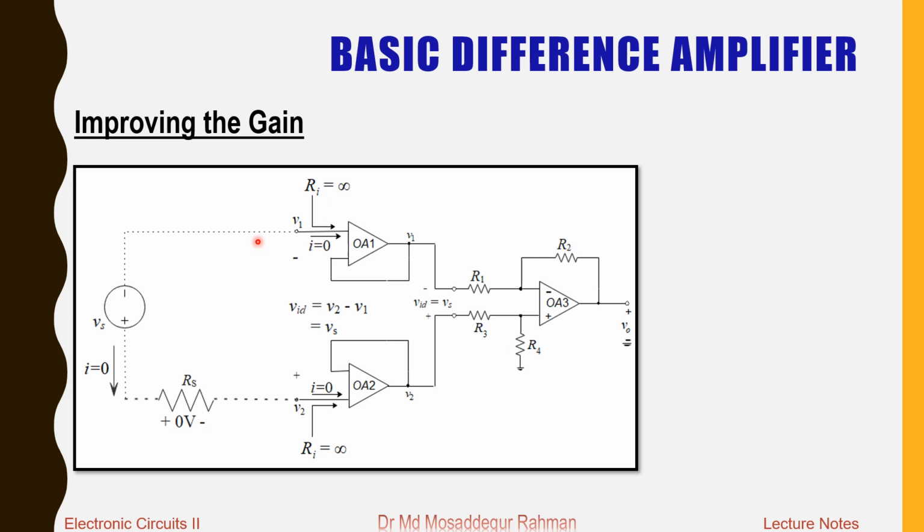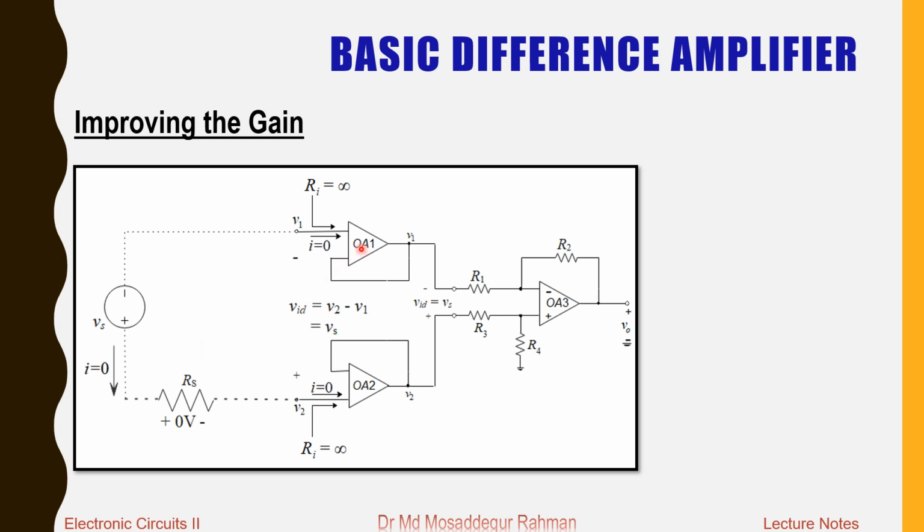So at the input, the circuit is basically open, and since there is no current flowing, there is no voltage drop in the source resistance Rs. And so the voltage here, VID, which is the difference between V2 and V1, will be the same as the signal voltage Vs.